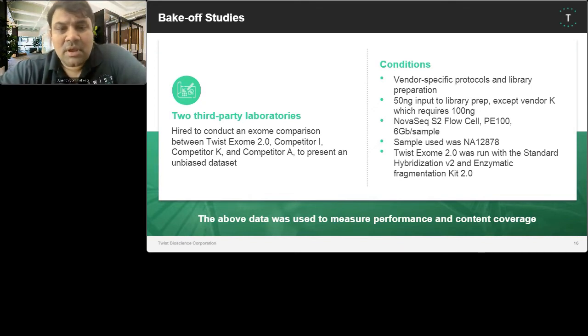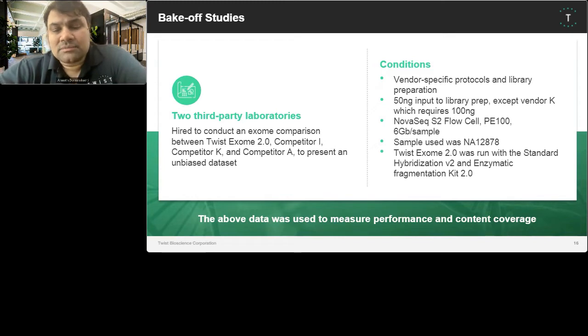We followed vendor-specific protocols. Apart from vendor K, the input was 50 nanograms for all the other vendors. For vendor K, we used 100 nanograms. The data was sequenced on a NovaSeq flow cell, and we generated 6 GB of data for every exome that we used.